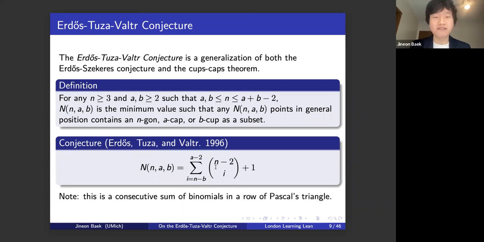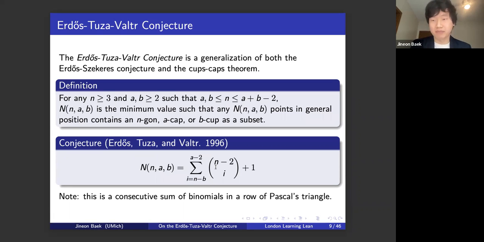So for the ETV conjecture, we just combine all of that. Let N(n, a, b) be the minimum value such that any point set of that size forces either an n-gon, an a-cap, or a b-cup. And then they conjectured this number of points to force one of those structures.